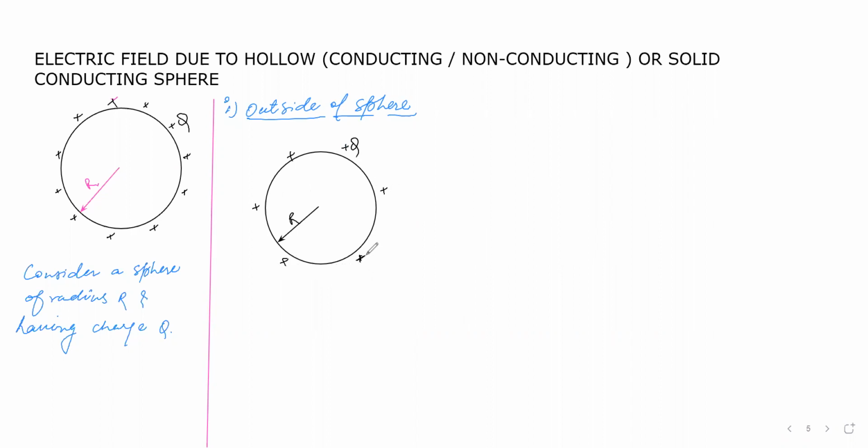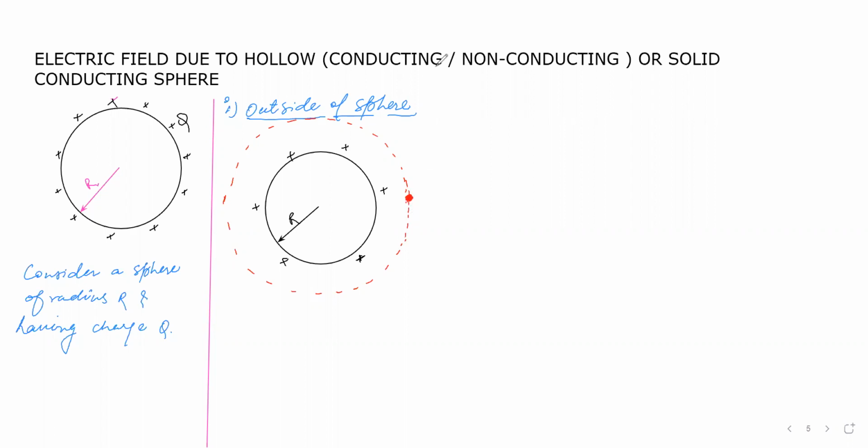Now, we are taking any other point at separation small r, which is your point P. If you want to calculate electric field at this point P, then first of all, we should draw a Gaussian surface. Remember that your Gaussian surface must pass through the point which you have taken outside of this sphere.